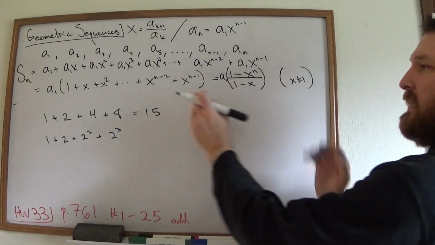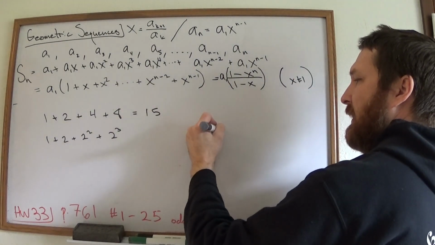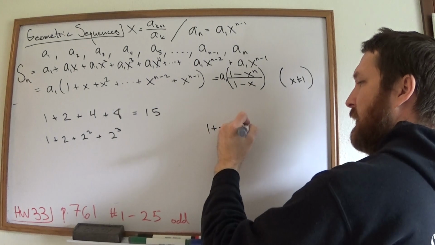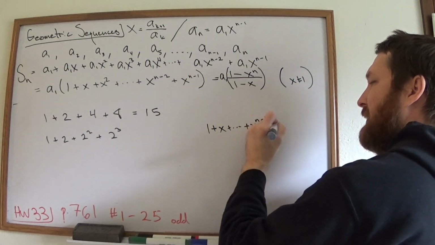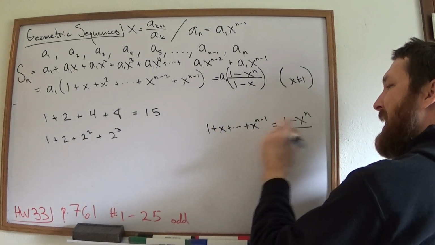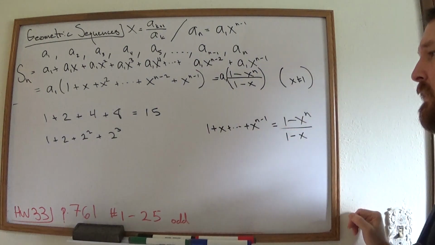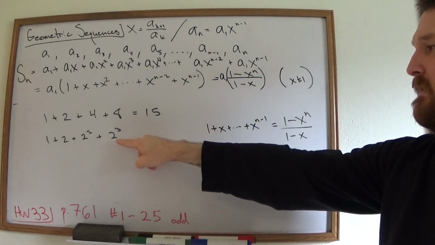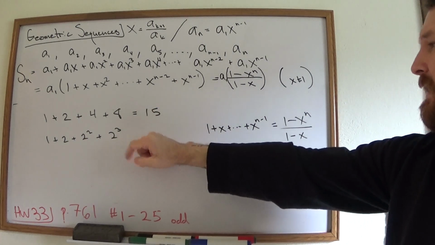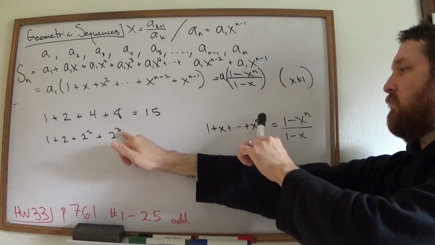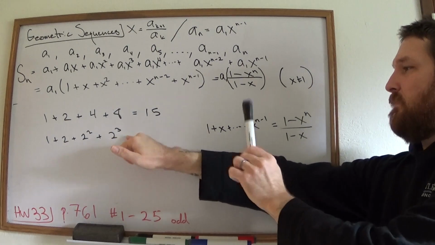But this tells me, remember, that the sum as we go up to x to the n minus 1 is the same thing as 1 minus x to the n, the next power up, over 1 minus x. So in this case, my x is equal to 2, and my power here, the n minus 1, is 3, so this should be the same thing.